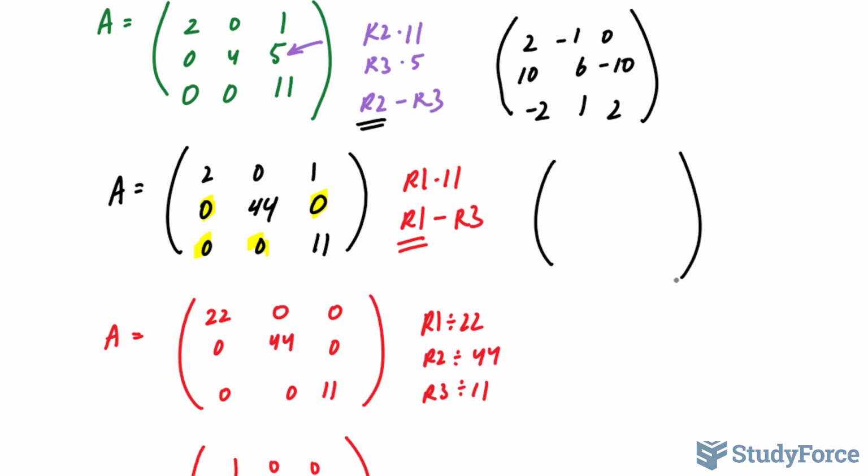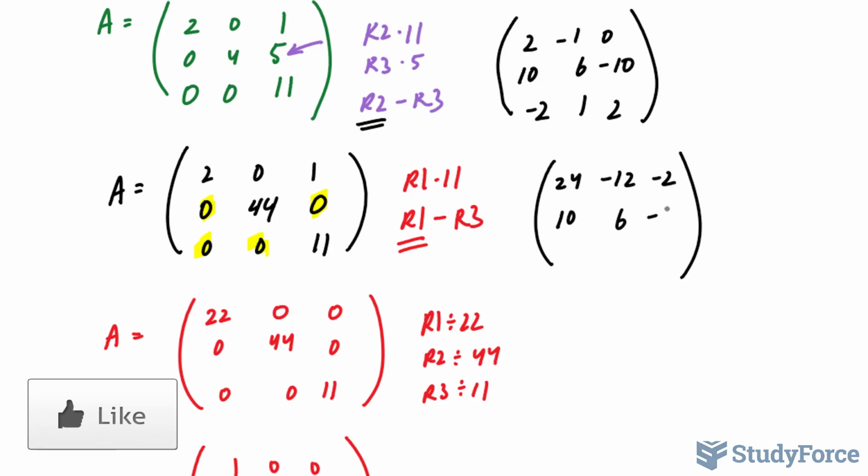That gave us 24, negative 12, and negative 2, 10, 6, and negative 10, negative 2, 1, and 2. Notice only this changed. And lastly, we divided this by 22, this by 44, and this by 11.